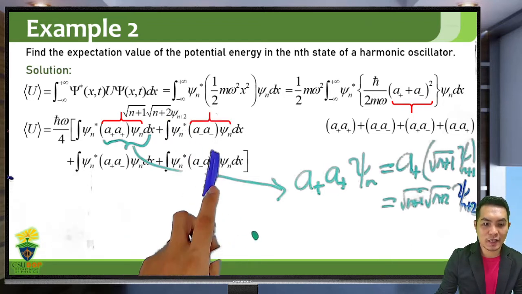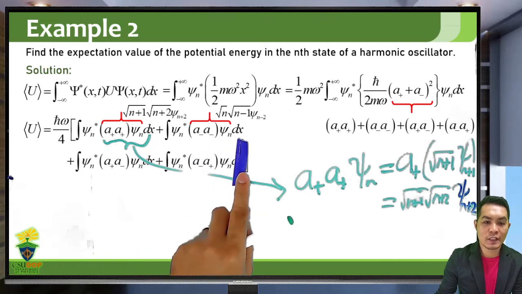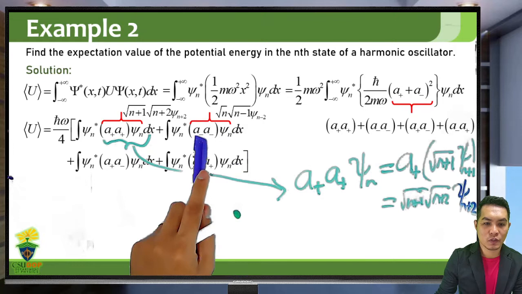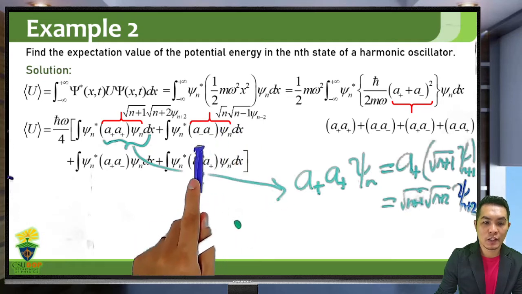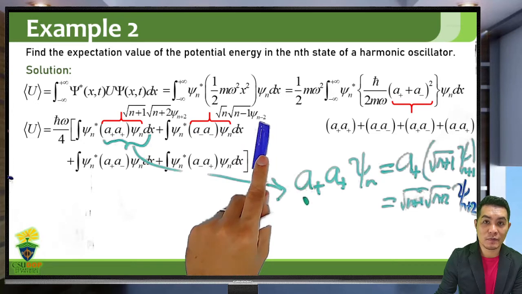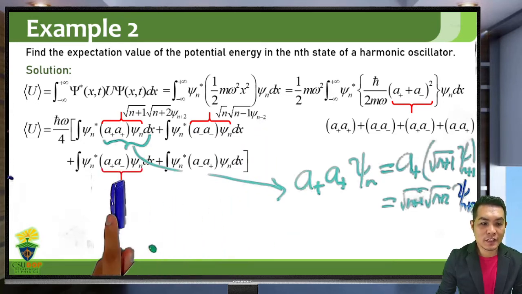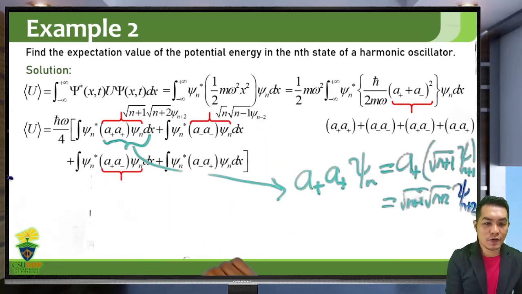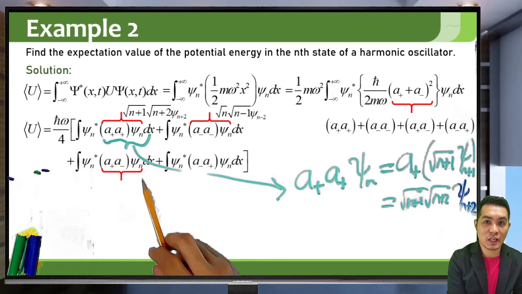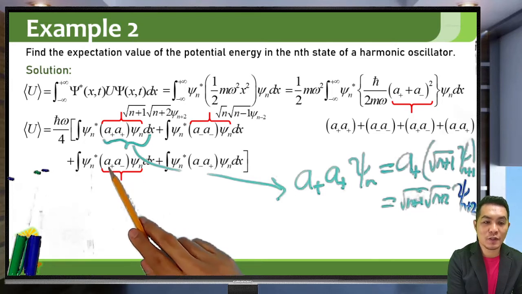This second integral, or this term in the second integral, will be reduced to square root of n, and this one. So you lower psi n twice, so you will get psi n minus 2 as the final state. For this term here, first you lower it with a minus on psi n, so it becomes psi n minus 1, and then you raise it again.